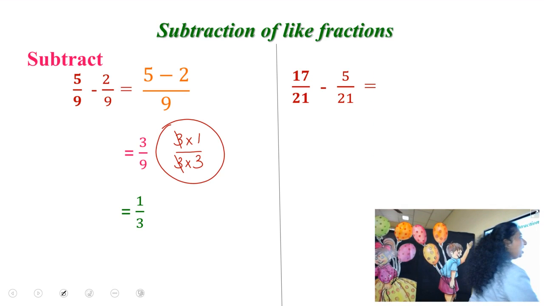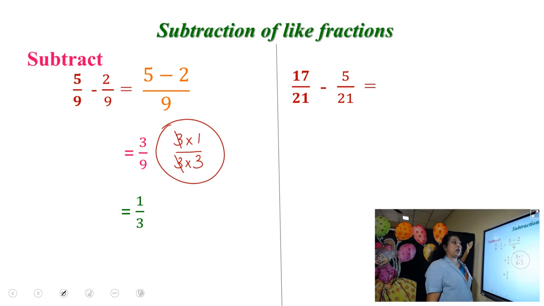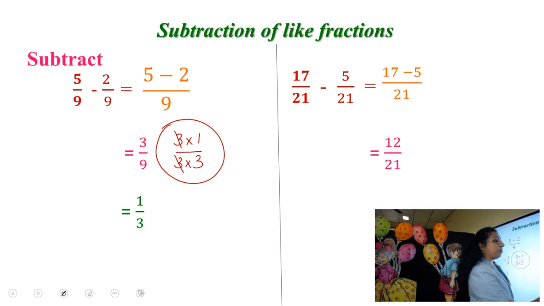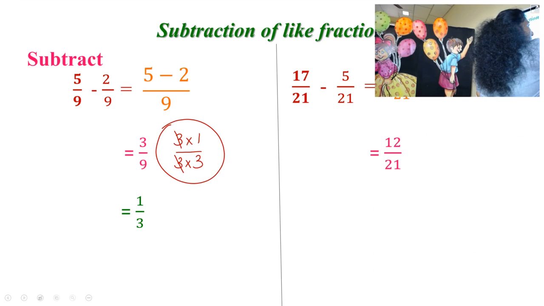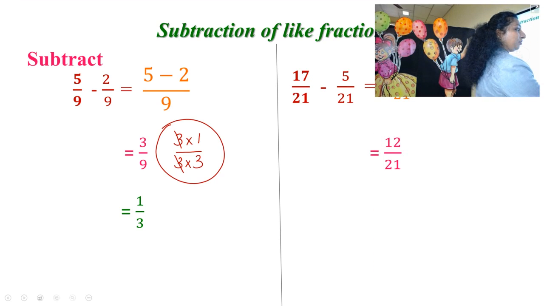17 by 21 minus 5 by 21. Here also subtract the numerators and write the denominator as it is since they are like fractions. So it is 17 minus 5 by 21. What is 17 minus 5? It is 12 by 21. 12 and 21 are multiples of 3.